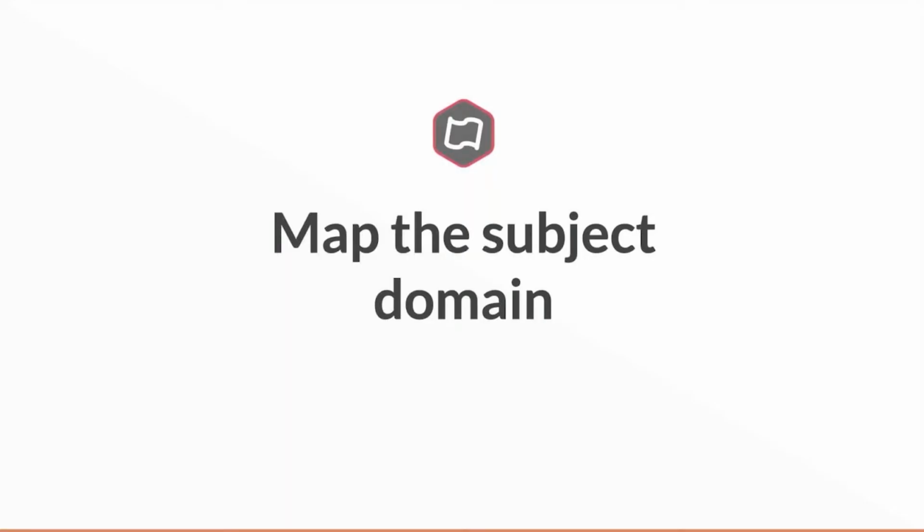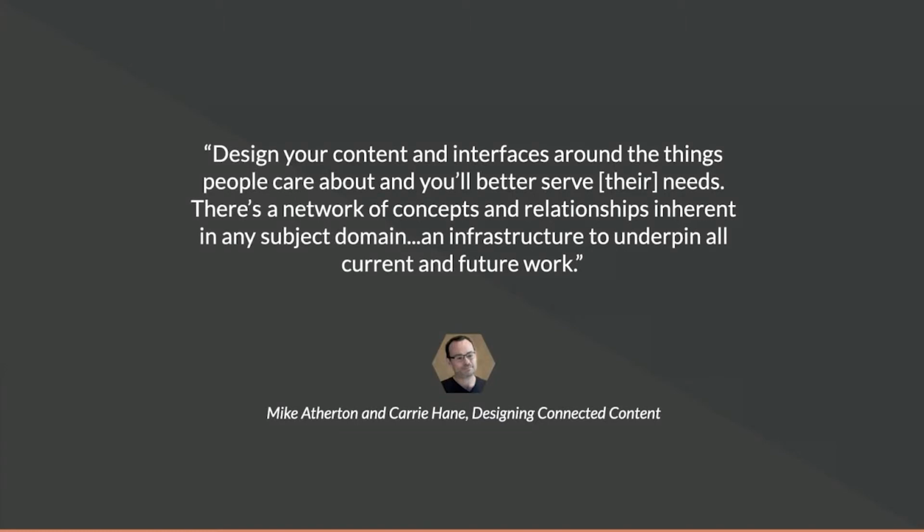By subject domain, we're talking about this. So design your content and interfaces around the things people care about. You'll better serve their needs. There's a network of concepts and relationships inherent in any subject domain, an infrastructure to underpin all current and future work. So you have a field of interest, and in that field of interest, there is stuff, and users are interested in that stuff, and we want to map it.